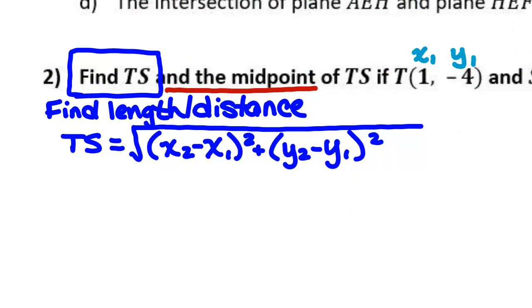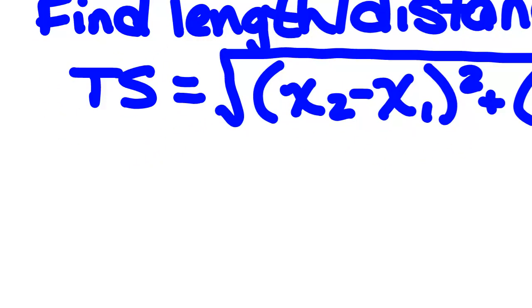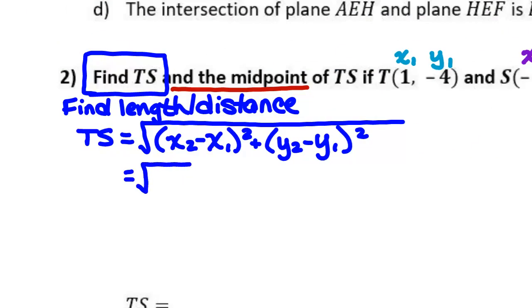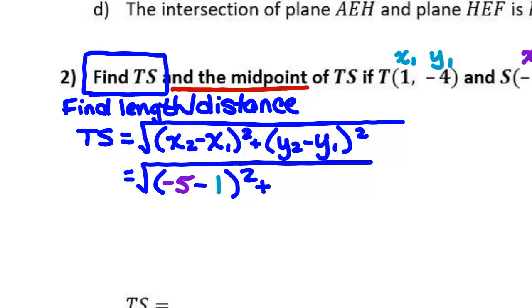And then we can substitute in my X2, which is -5, so I'm going to put -5 in the place of X2, minus X1, which is 1. Close my parentheses and square it.